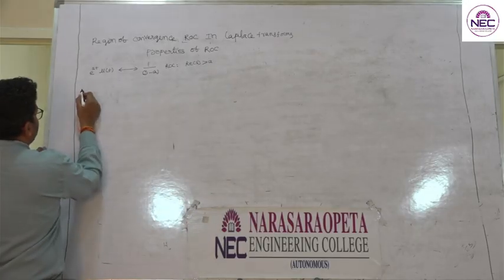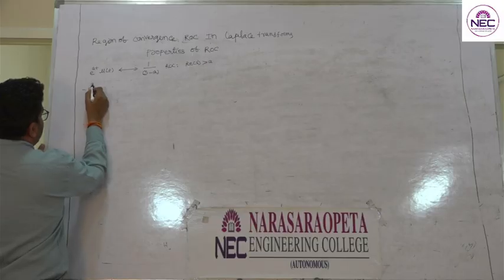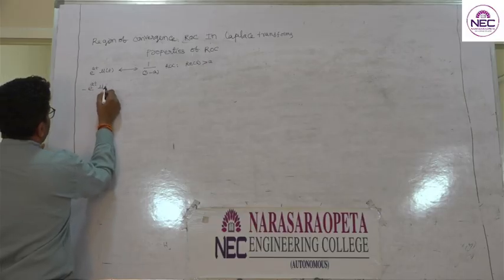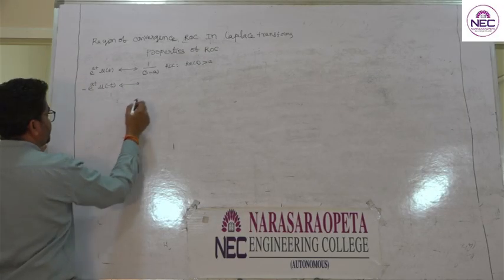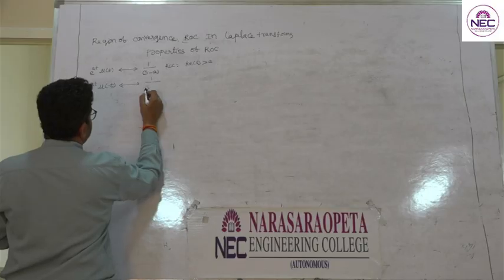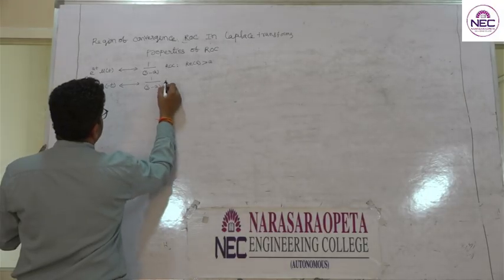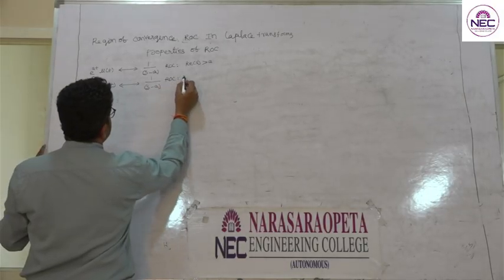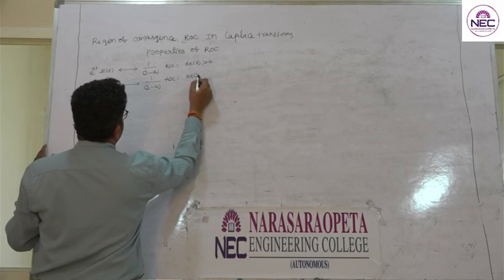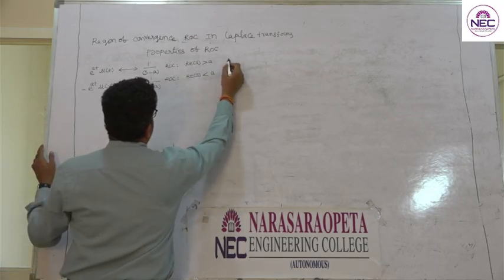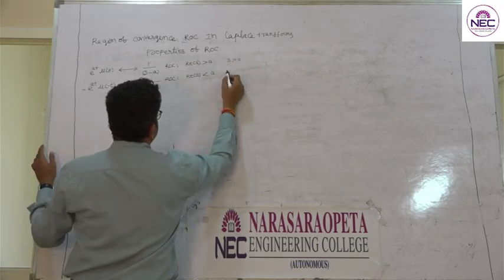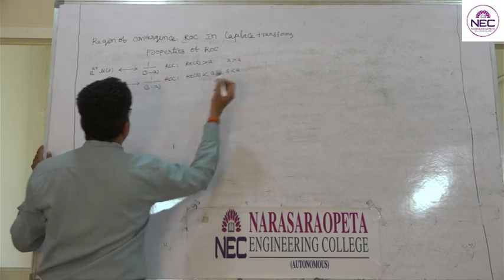Next another signal, minus e power at u of minus t, again 1 by s minus a with ROC real part of s less than a. Simply s greater than a, and s less than a.